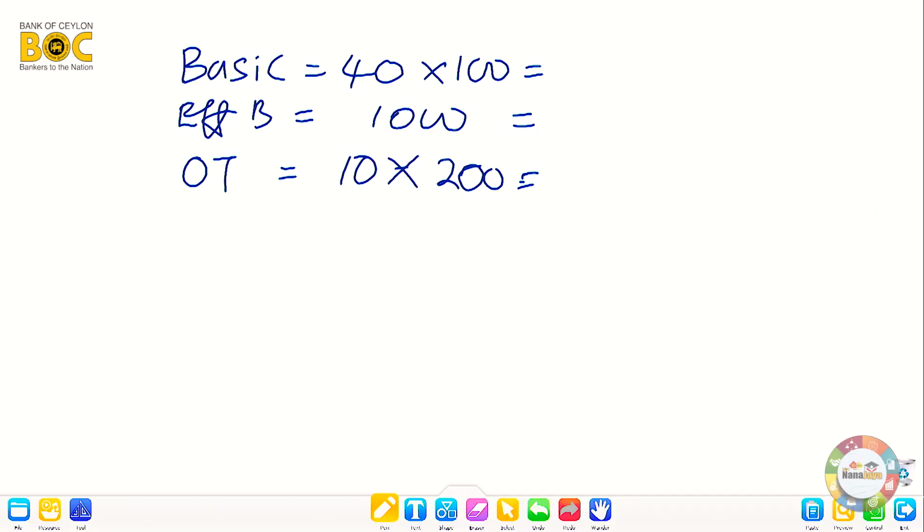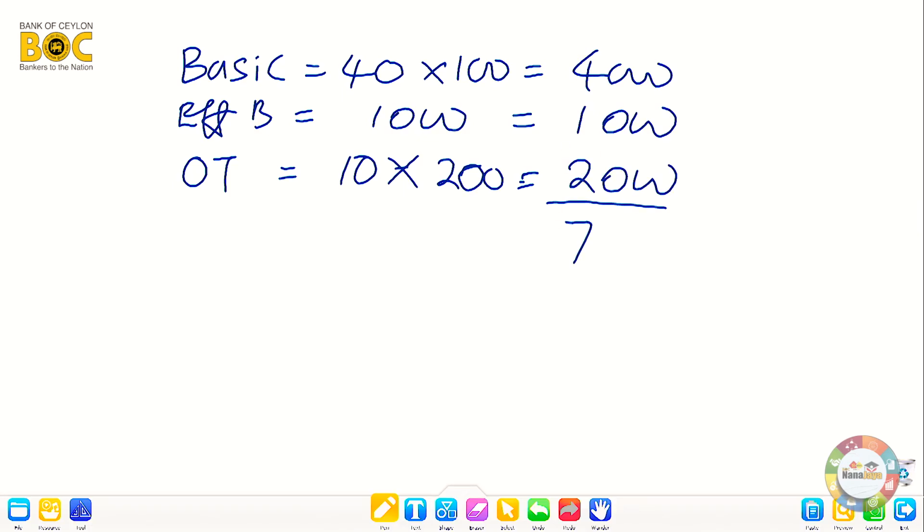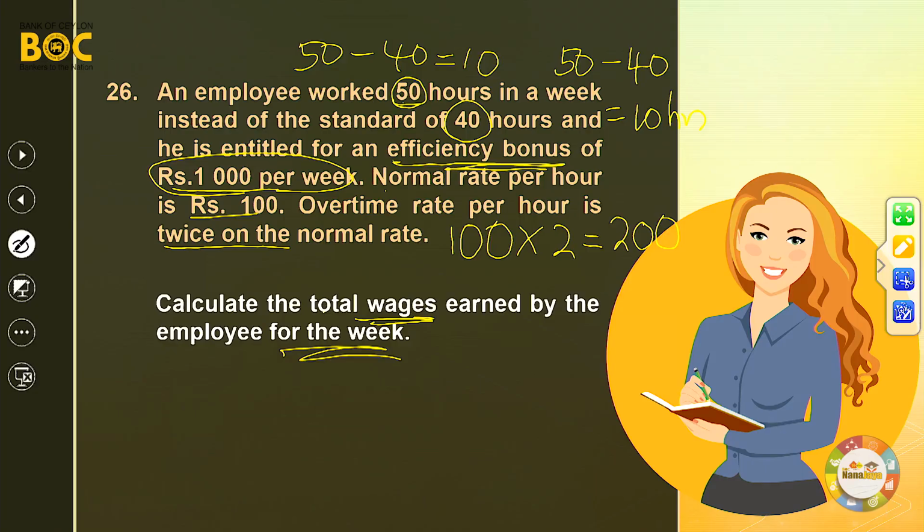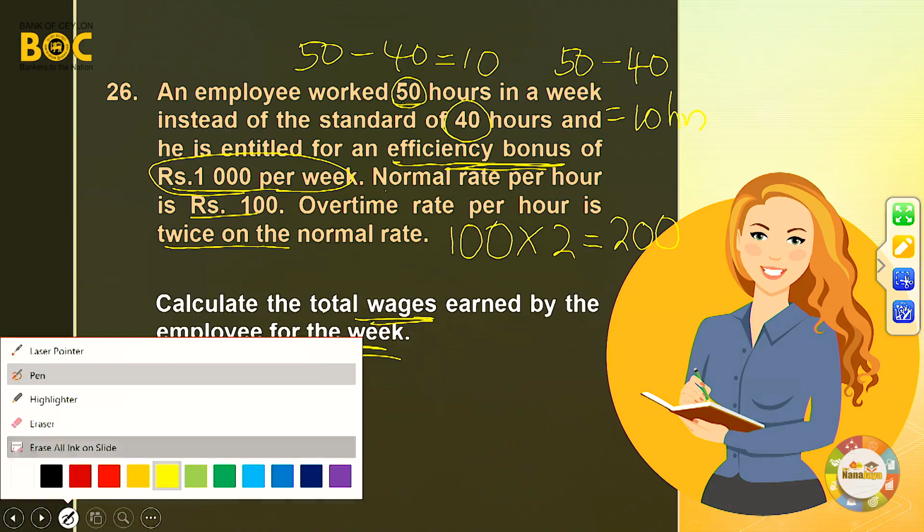You can make the calculation: 4,000, 1,000, 2,000. So his total earning is 7,000 rupees: basic plus efficiency bonus plus overtime payment.